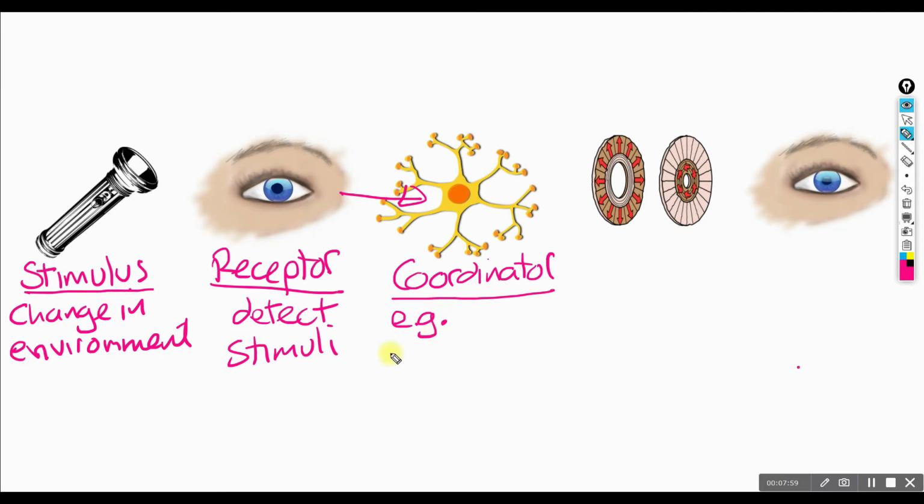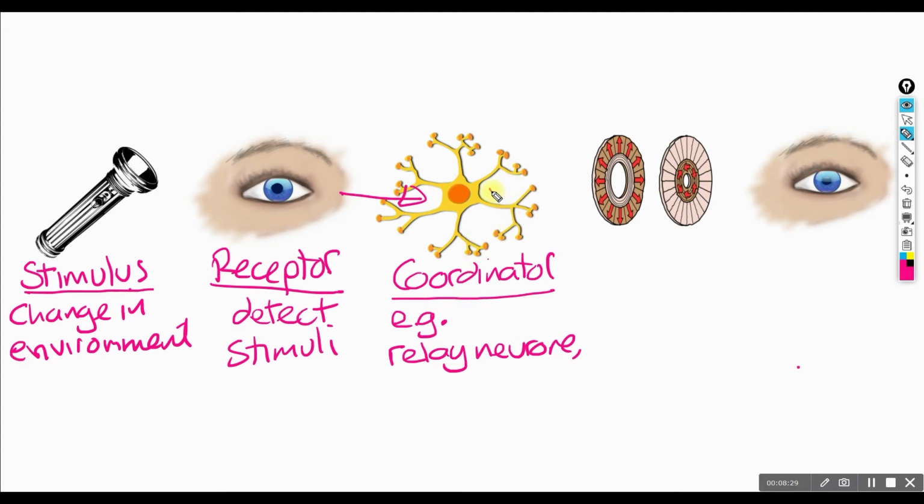Often the coordinator is a little nerve cell called a relay neuron, or could be something else like a pancreas if we're talking about controlling glucose, but most of the time the coordinator is a relay neuron. A coordinator makes decisions about what to do.